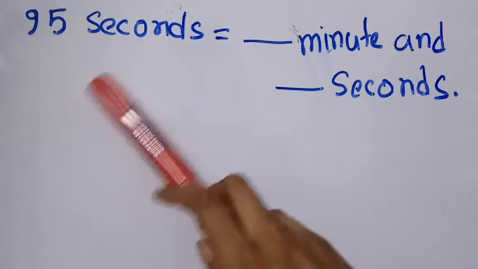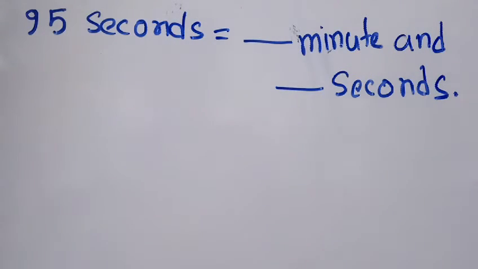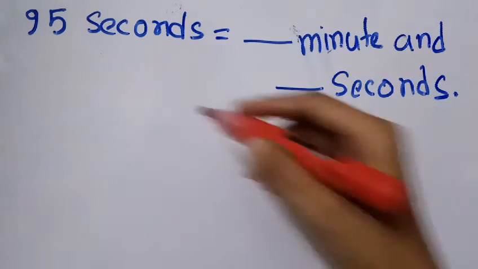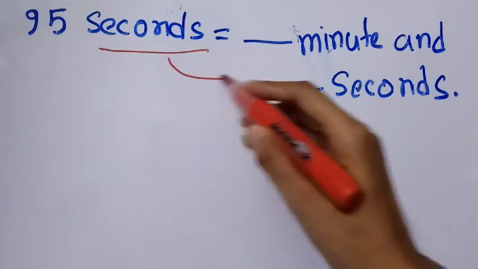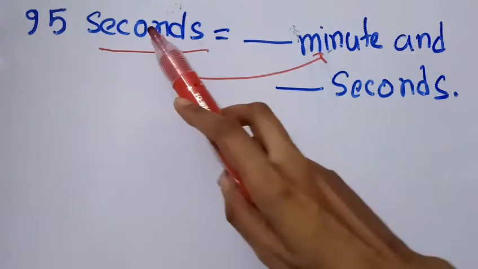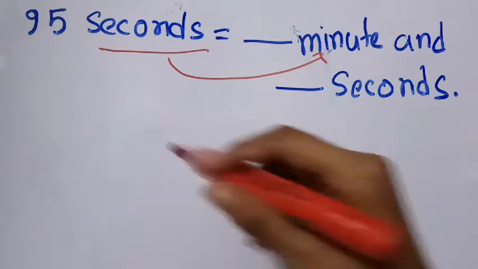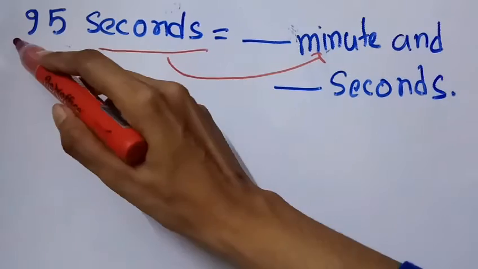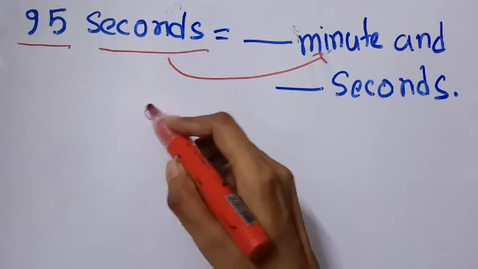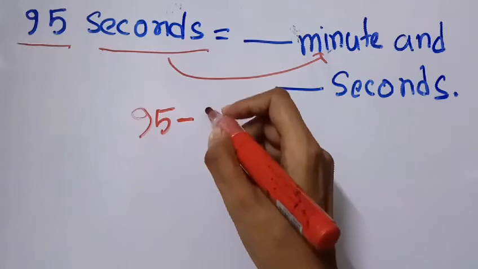Question is 95 seconds is equal to how many minutes and seconds? We have to make these seconds into minutes. We know the relation between seconds and minute. 1 minute is equal to 60 seconds. That's why I will subtract 60 from 95.